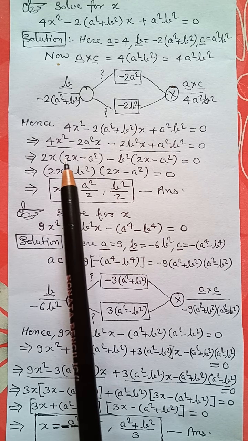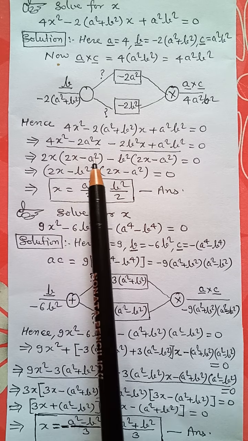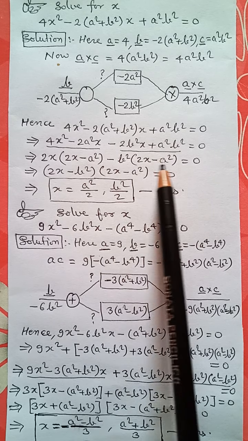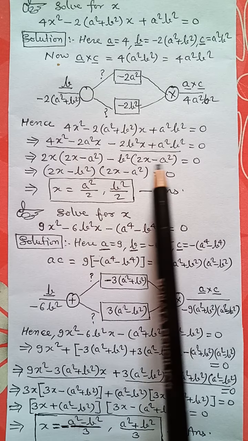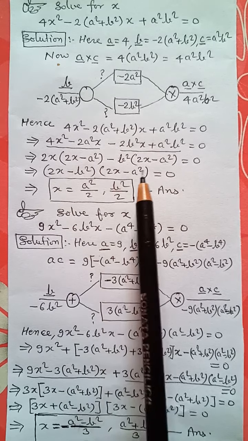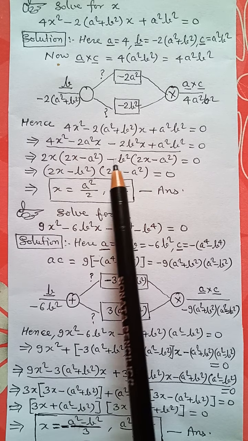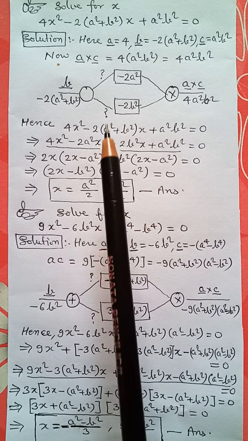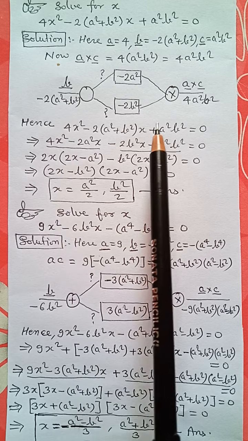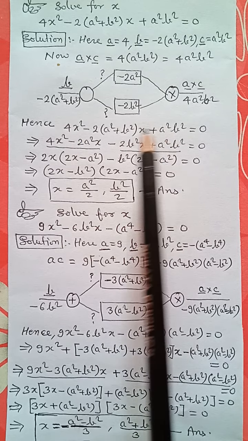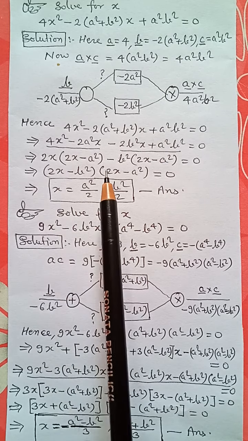Now 2x − a² is a factor of this term as well as this term. Therefore taking it outside, (2x − a²) multiplied by (2x − b²).